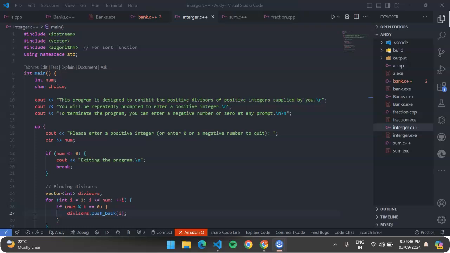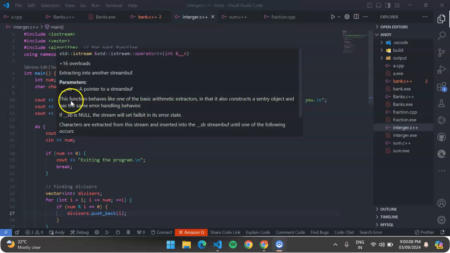The program should repeatedly prompt to enter only a positive integer, and each time a positive integer is entered, it should give a printout of it.